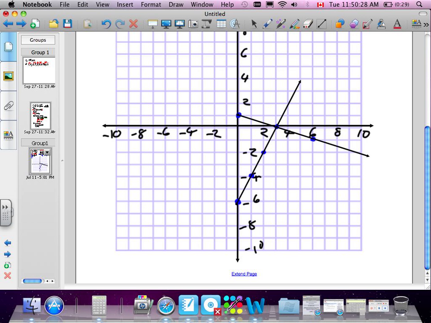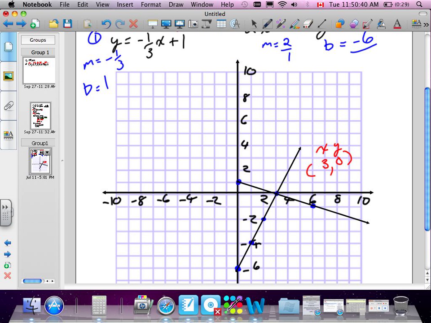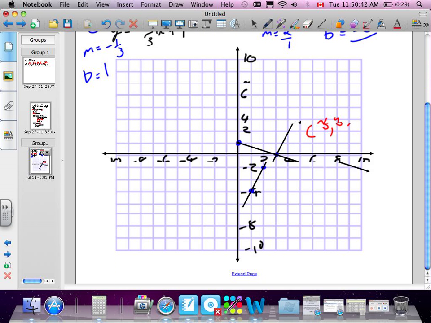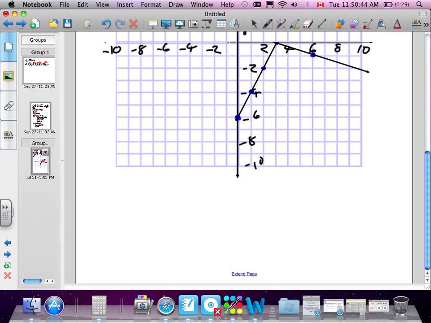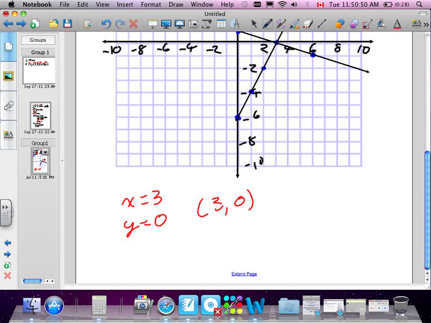And we find that our point of intersection is x is 3 and y is 0. So for our linear system, our answers are x equals 3, y equals 0, which we drew as a coordinate.